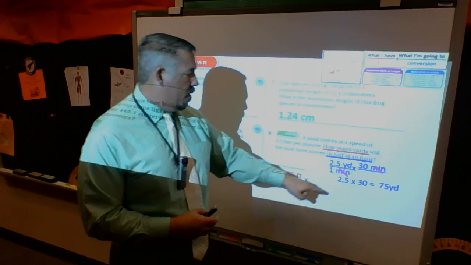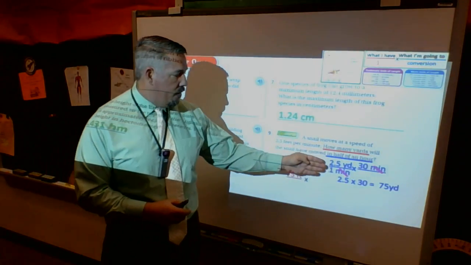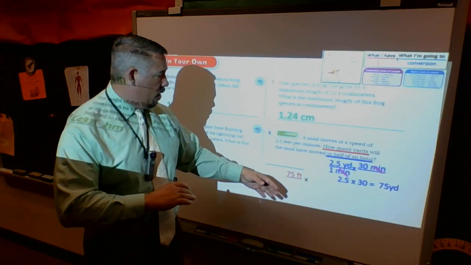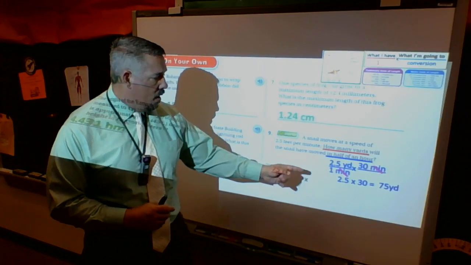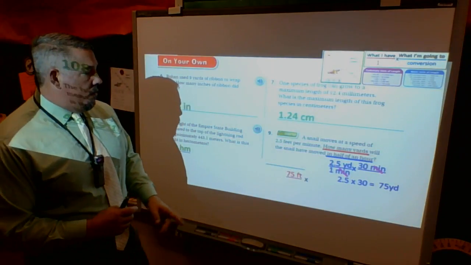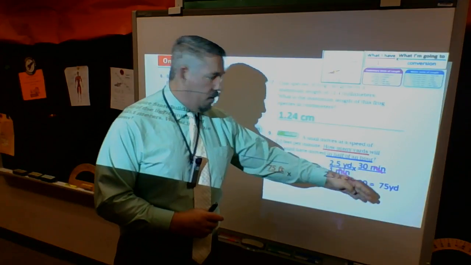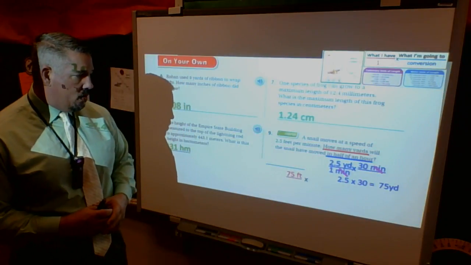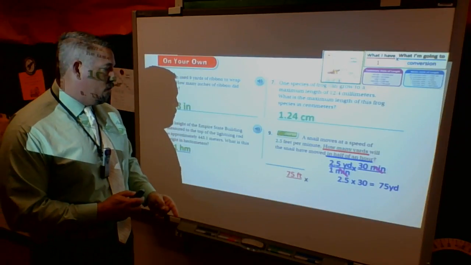So this should have been my feet. That would allow me to create, if I had my 2.5 feet instead of the label yard, I apologize, per 1 minute, and I know I'm going for 30 minutes, then I would be able to cross-reduce my minutes. If I have 2.5 times 30, I'm left with 75 yards. But then I have to know that I'm changing it into feet.